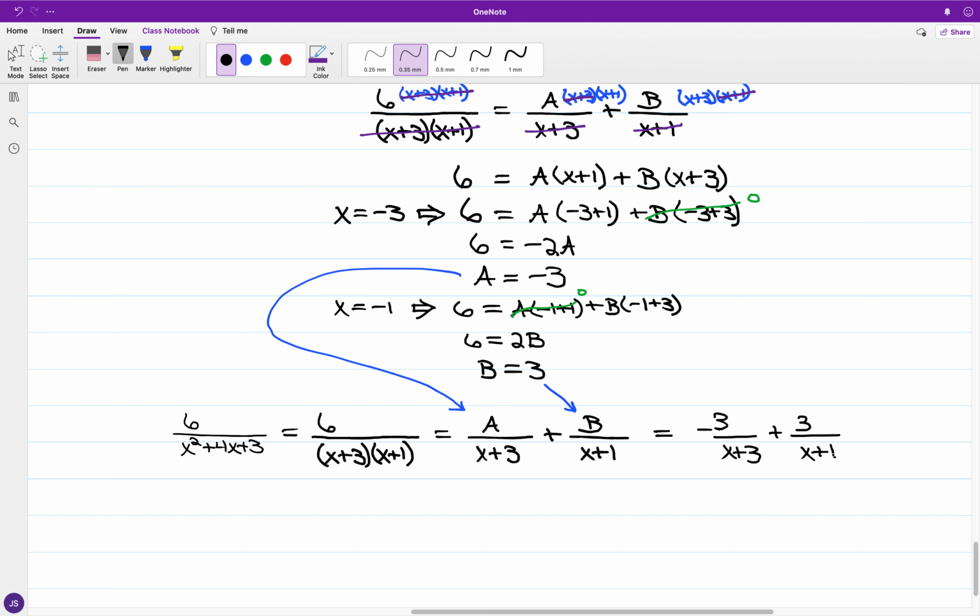So those will be the partial fractions we have here. And if I were to add these together and combine it in terms of a single denominator, you would have 6 over x squared plus 4x plus 3.